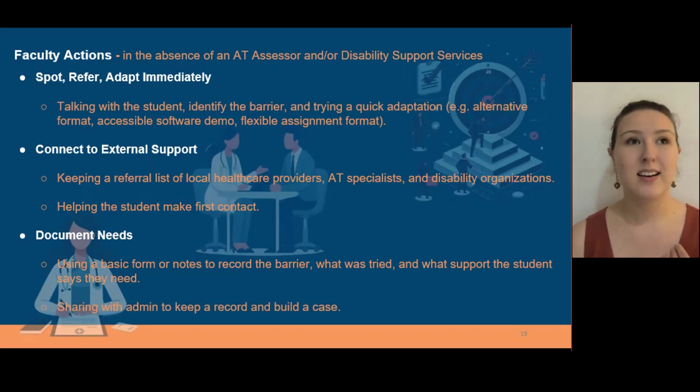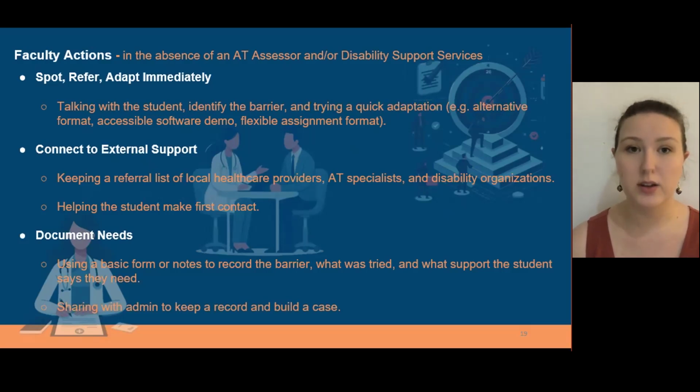Most times, professors and faculty will notice when a student is struggling in specific areas or with specific issues with the courses. And so then to spot these areas and to then try to have quick adaptations, alternative formats, accessible software demos, and flexible assignment formats.